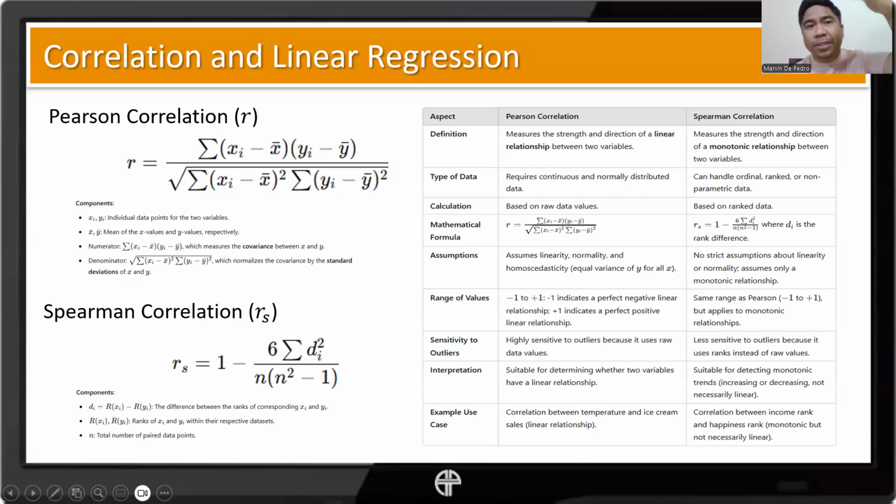So we have xi minus x bar, xi minus the sample mean. Once we complete that, we do the same with our y, adding another column where we list down all the y's minus the sample mean.